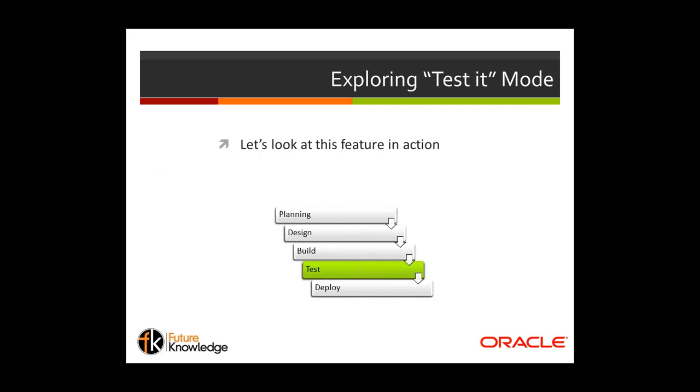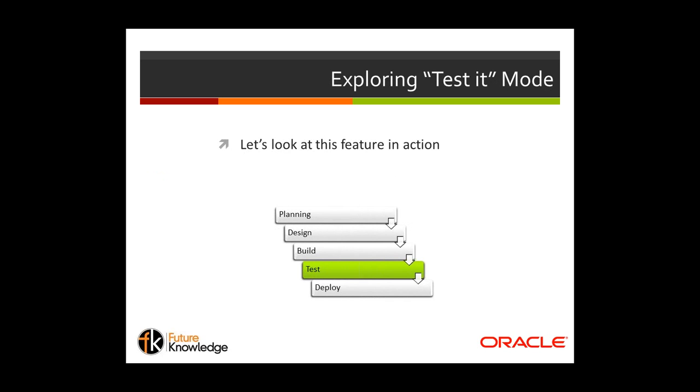So now I'm going to move on to the next feature that we want to have a look at in action, and this is the tested mode. This again is another great innovation that Oracle has put into the new version of UPK. In the past we've been able to output test scripts that can then be used in either Word format or in another testing system.